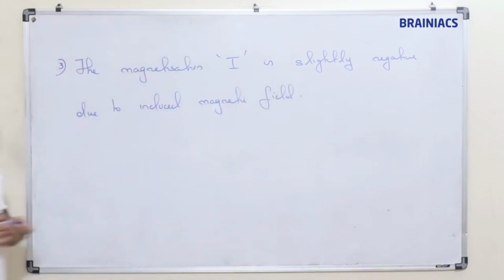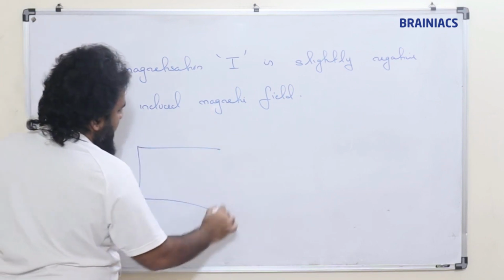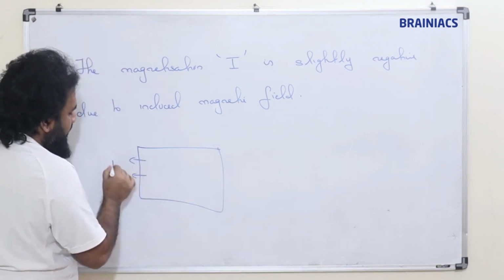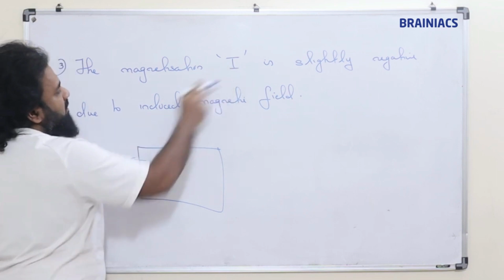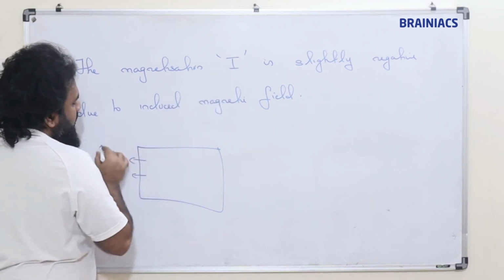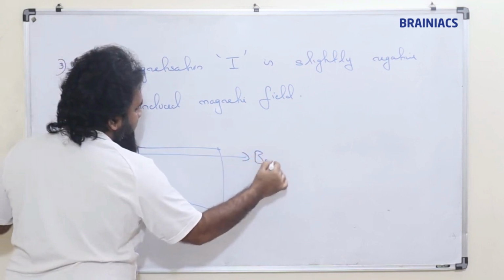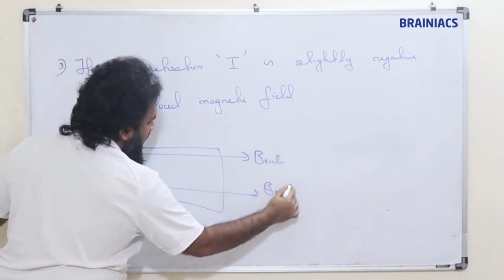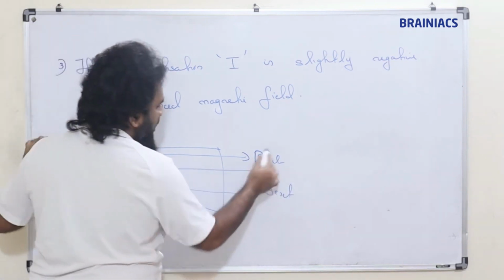Slightly negative, very small value. Why? Because this induced magnetic field is the factor associated with the I. If external magnetic field is there, this is of constant value.